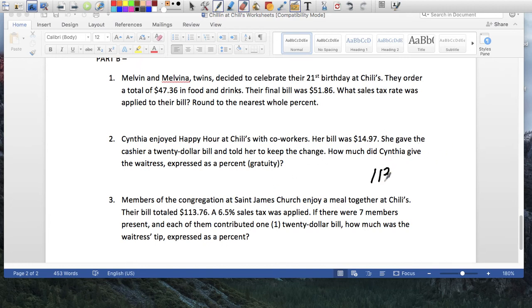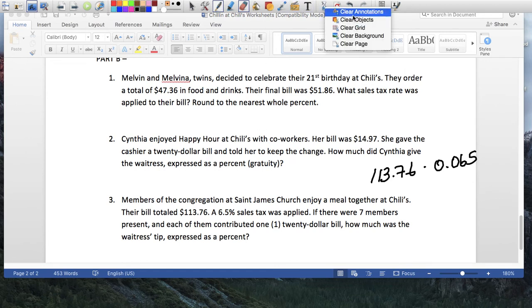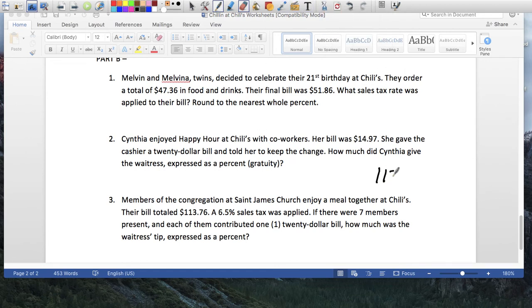So 113.76 times 0.065. We've got to find out what the tax was, right? No, actually, I don't have to do it this way. So what I'm going to do is 113.76 times 1 plus 0.065.